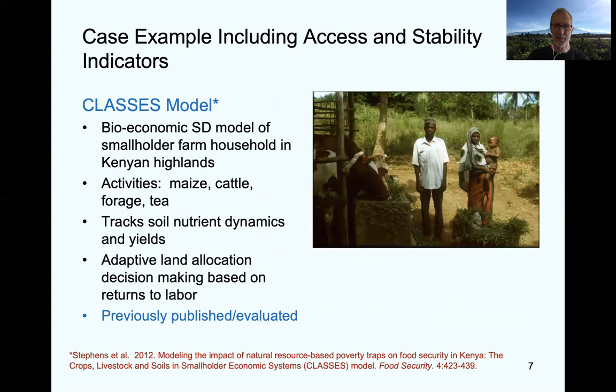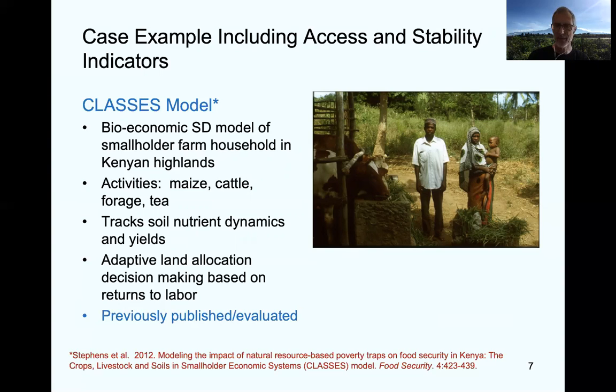So the example that I'm going to talk about here, of the two that are in the paper, I'm going to focus on the household level model, which is referred to as CLASSES, which is crops, livestock, and soils in smallholder economic systems. This was a bioeconomic SD model of a smallholder farm household in the Kenyan highlands. It includes a number of different agricultural production activities, including maize, cattle, forage crops for the livestock, and tea as a cash crop.